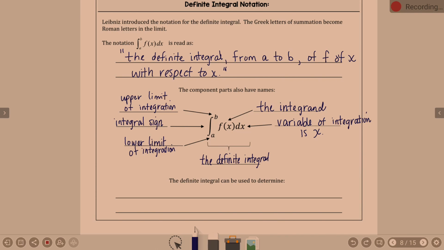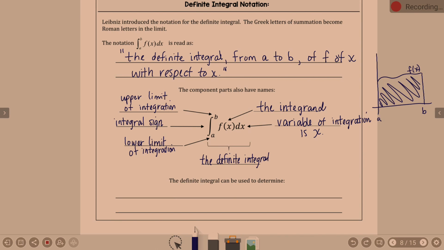So when we talk about its area from A to B, I have in here the word net area, the net area or the displacement bounded by the x-axis, the function f of x, and basically your boundaries A and B, the vertical lines formed by A and B. So like if you have a curve here that goes from A to B, basically it's finding the area that is bounded by whatever this function is, the x-axis, and the vertical lines x equals A and x equals B.